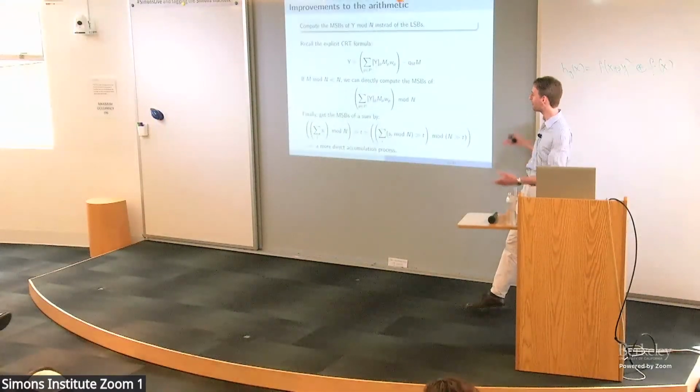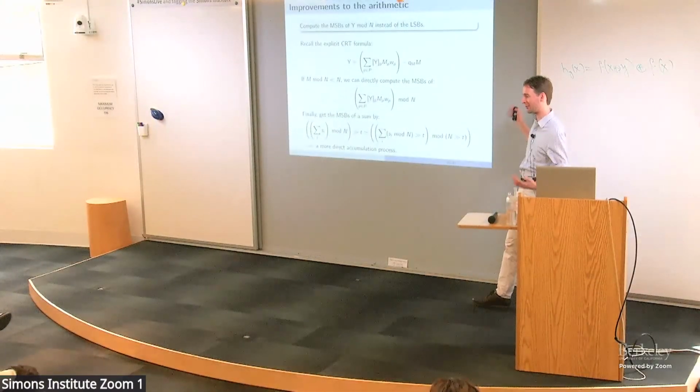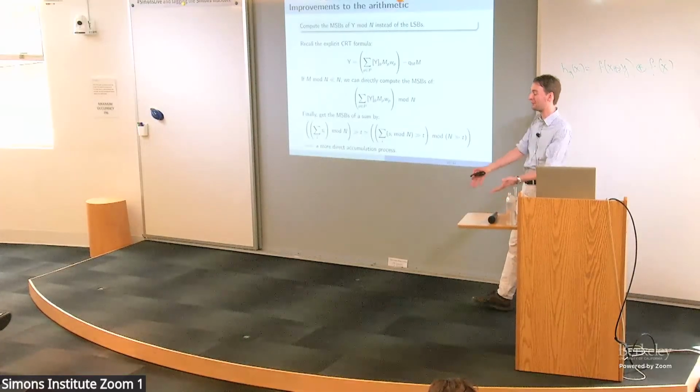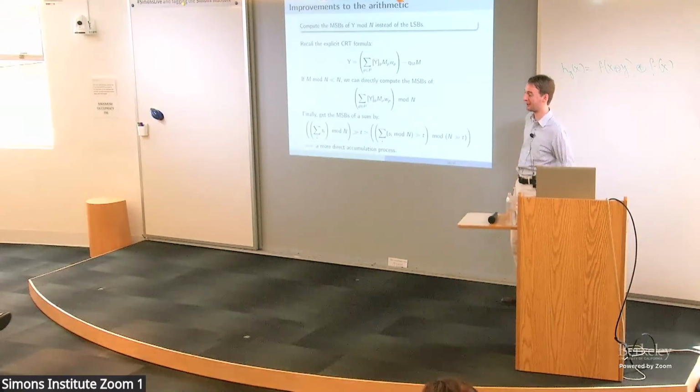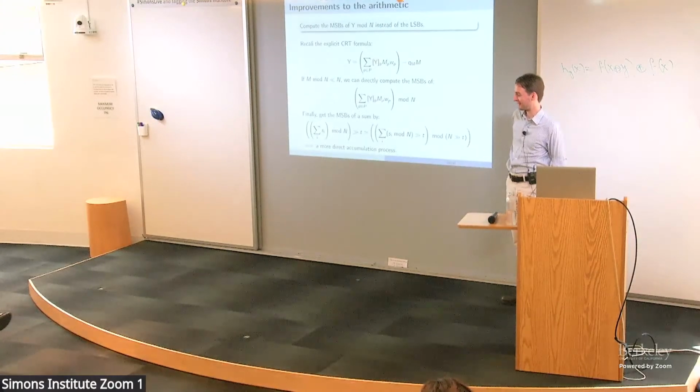Because you indeed have the choice, right? And you could take pretty much any hash function that suits your needs in that case. I mean, you don't even have to truncate to some of the bits. You could do something, I don't know, weirder. But it just happens that this is nice. It works fine. So sorry, yes, Craig.